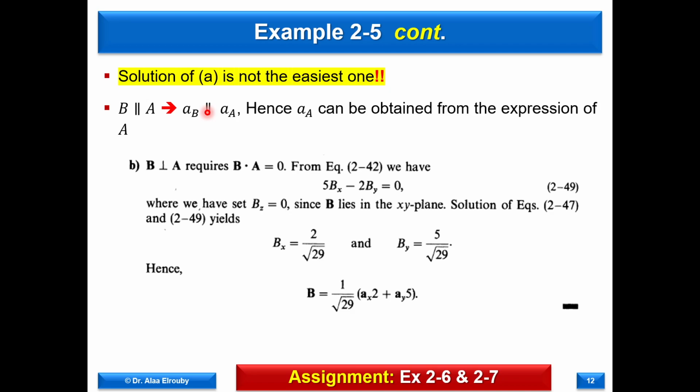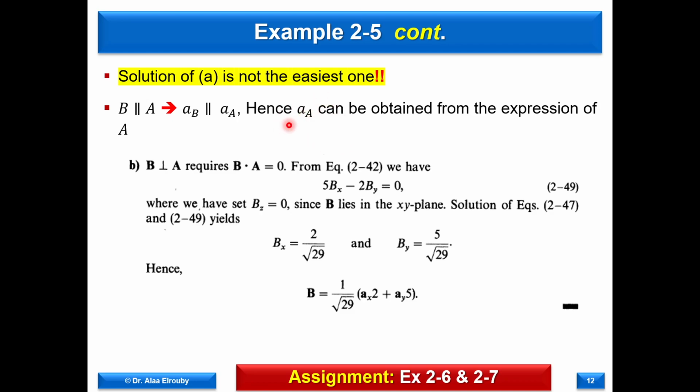This is the meaning for two vectors to be parallel. So b parallel to a means a_b is parallel to a_a. But because b is a unit vector, a_b actually is b. So the solution here is that b equals a_a, and that's it.